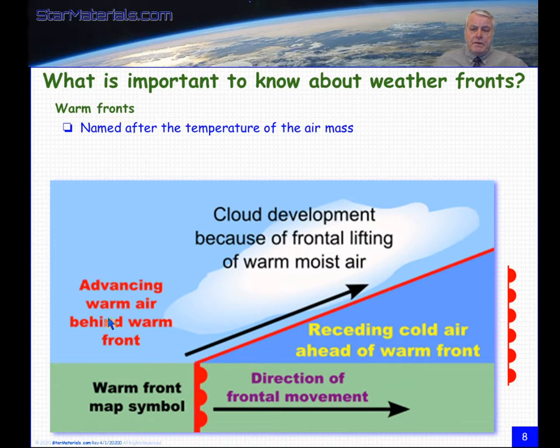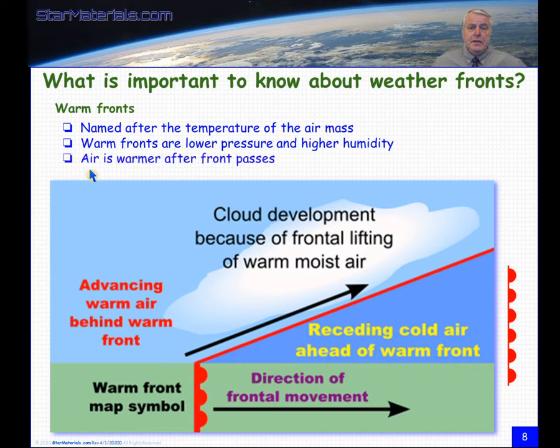So the warm front is named after the temperature. Warm fronts are lower pressure and higher humidity, so it's going to be less dense with humid air. Air is warmer after the front passes. If you were standing right here, let's draw you.